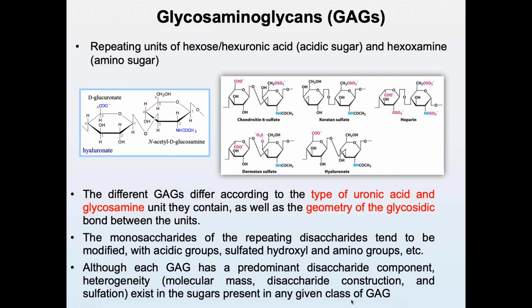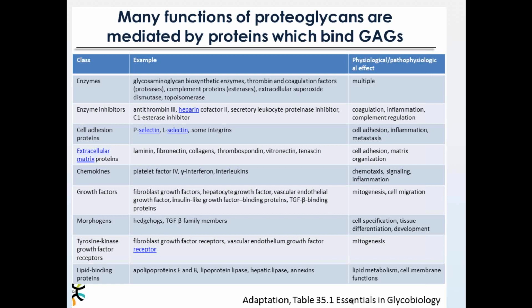And we're going to look at specific examples of these. These are examples of proteins or enzymes that utilize GAGs for activity. And I'm going to use some of these proteins as an example to illustrate how GAGs interact with these proteins.